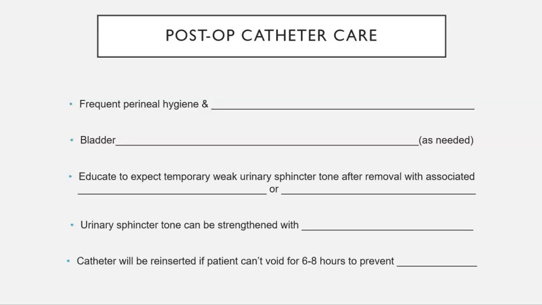So some incontinence and dribbling after removal of the catheter is expected. Urinary sphincter tone can be strengthened with Kegel exercises. So teaching Kegel exercises would be a good intervention. And the catheter will be reinserted if the patient cannot void for 6 to 8 hours after removal. And this is to prevent urinary retention.